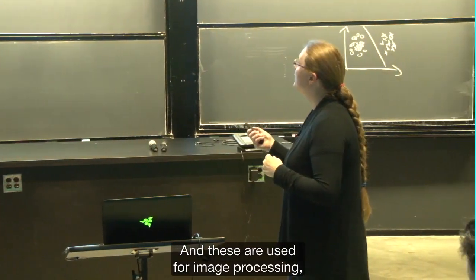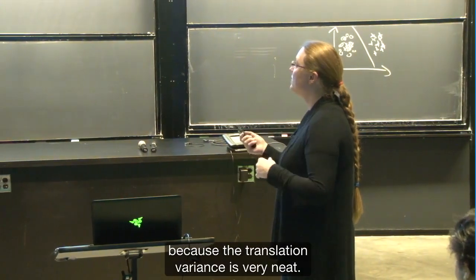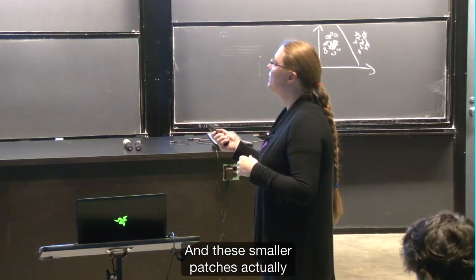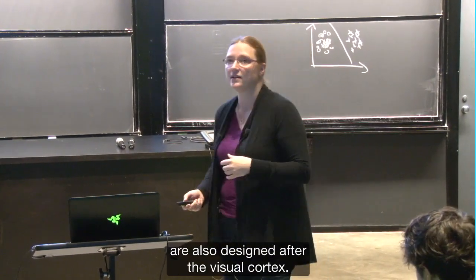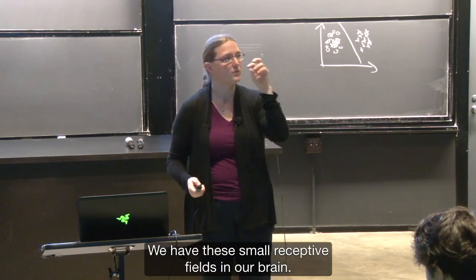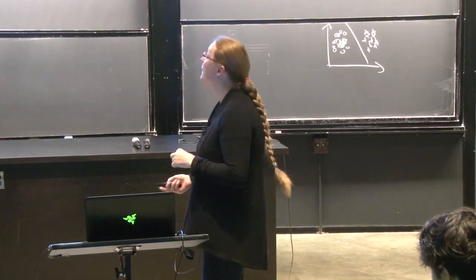And these are used for image processing because this translation invariance is very neat, and these smaller patches are also designed after the visual cortex. We have these small receptive fields in our brain.